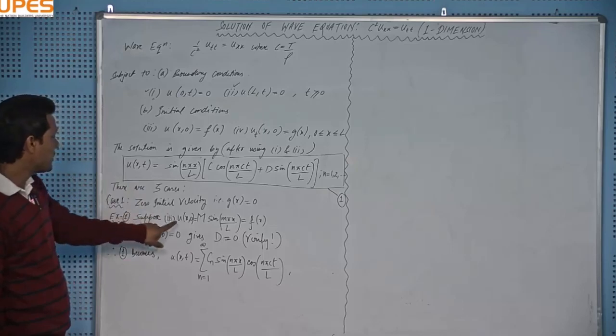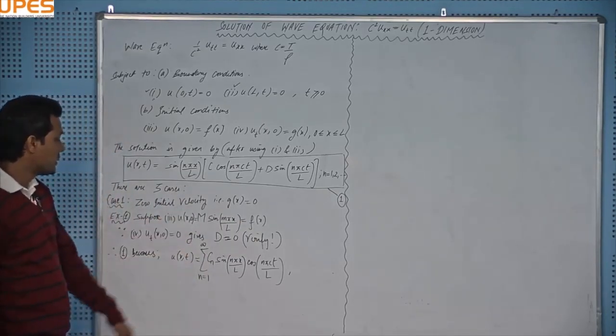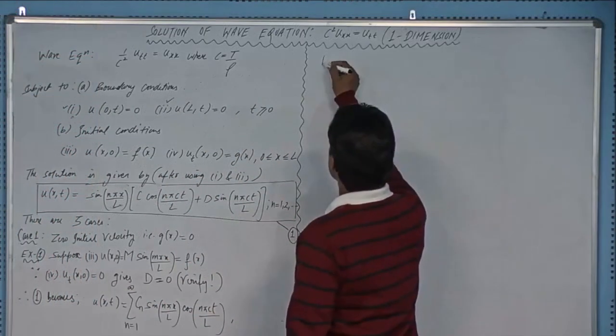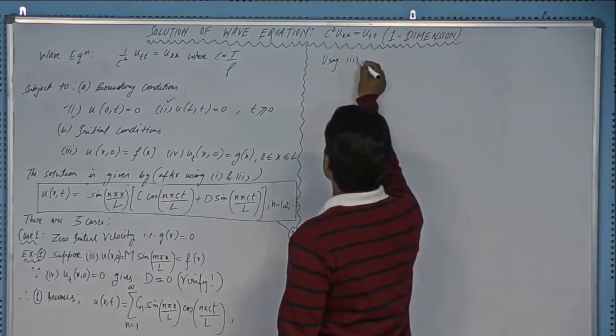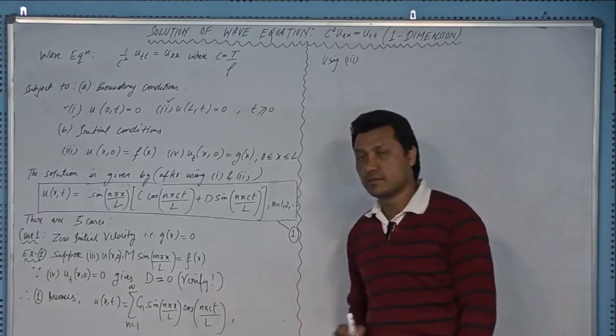Now I am left with this condition, u(x,0) equal to this thing. I have to use this condition here, using condition number 3, the displacement function.